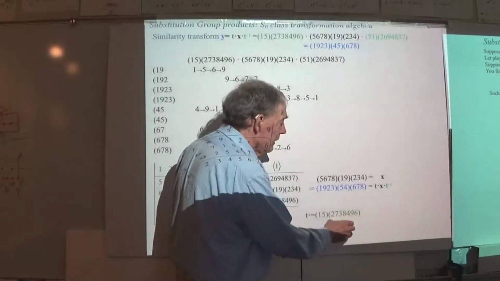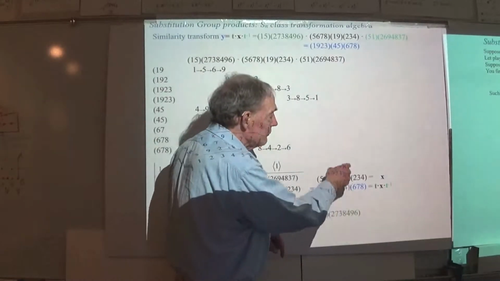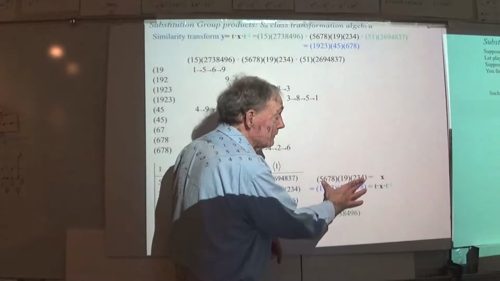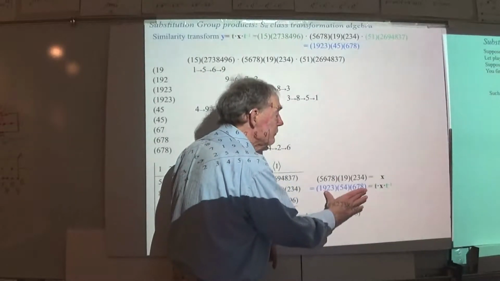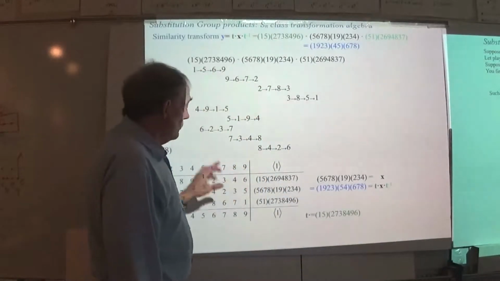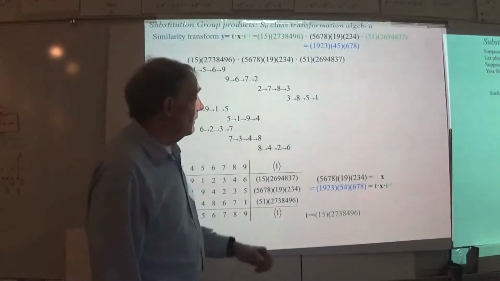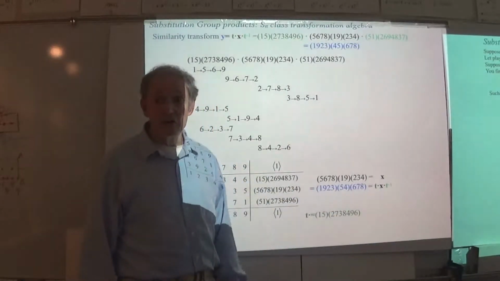Each one of these numbers and its neighbor is reflected in the up and down between the original numbers that were in the thing and the other class element, the similarity transform guy that we got from doing all of this. You can just read it off from here. Okay, that's an interesting thing to see, right?